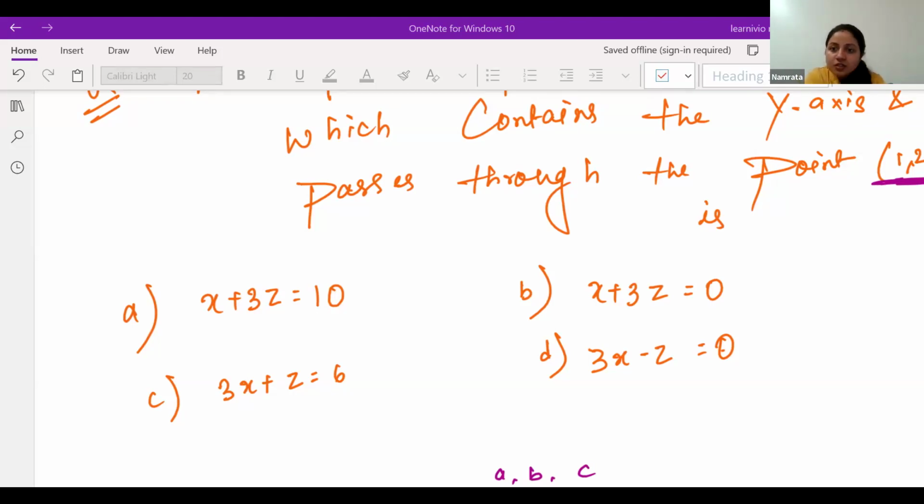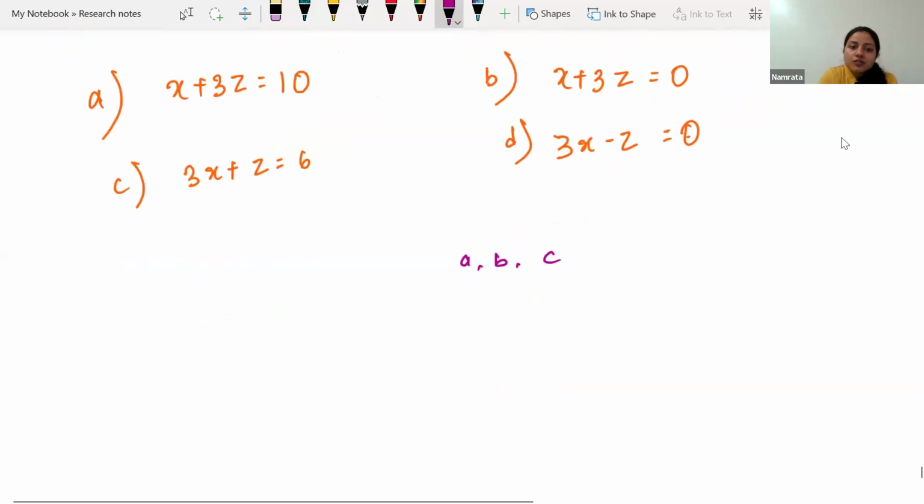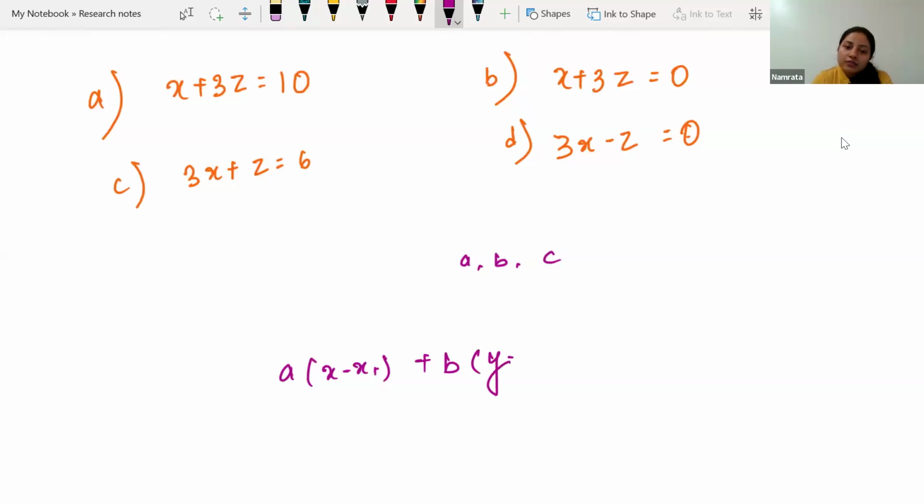What will be the equation of the plane having direction ratio ABC passing through point 1, 2, 3? Can we say equation of plane will look like this? A times x minus x1 plus b times y minus y1 plus c times z minus z1 is equals to 0.